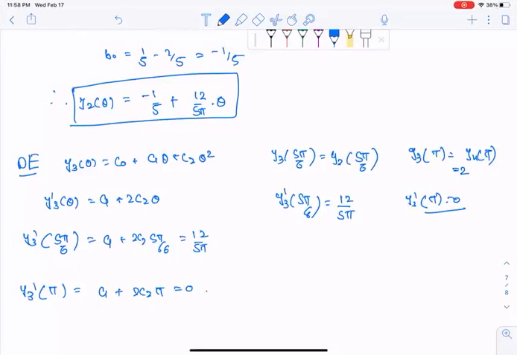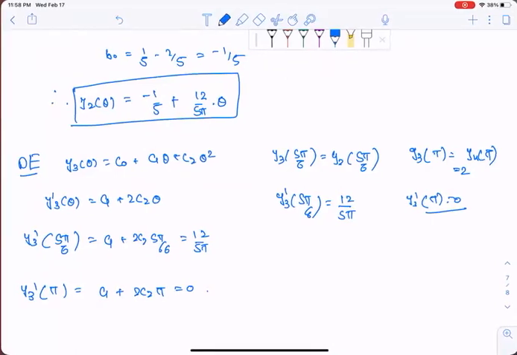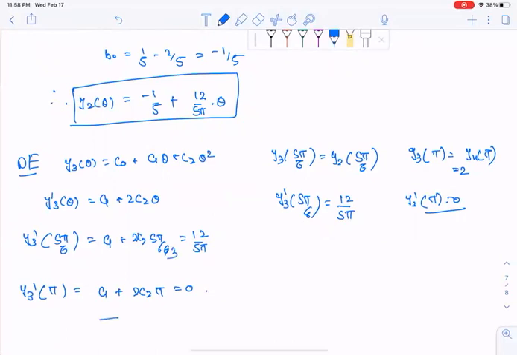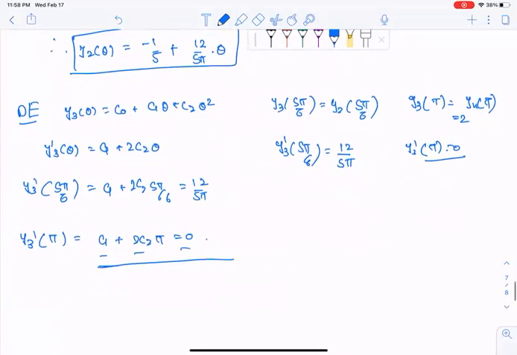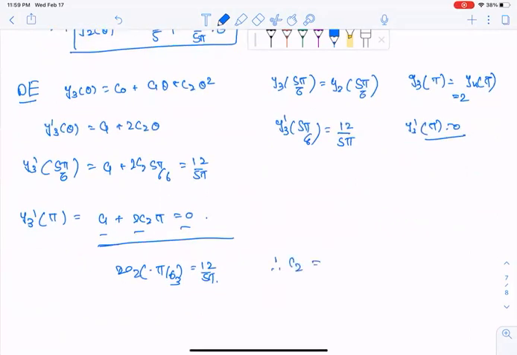Let me keep this. Now I can solve these equations and I can find the answer, and that will be 12 upon 5 pi and 3. This means that value of c2 is equal to minus 36 upon 5 pi square.